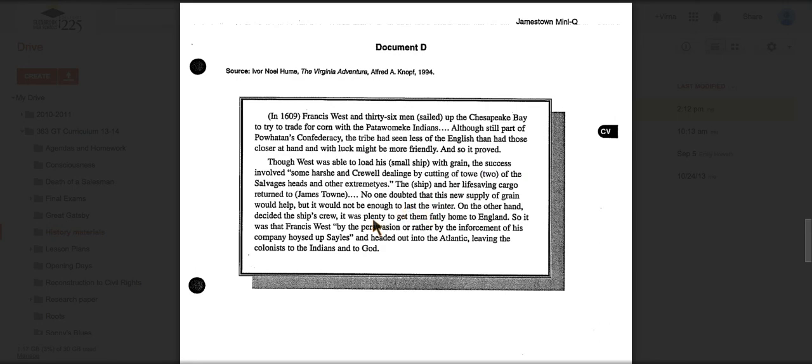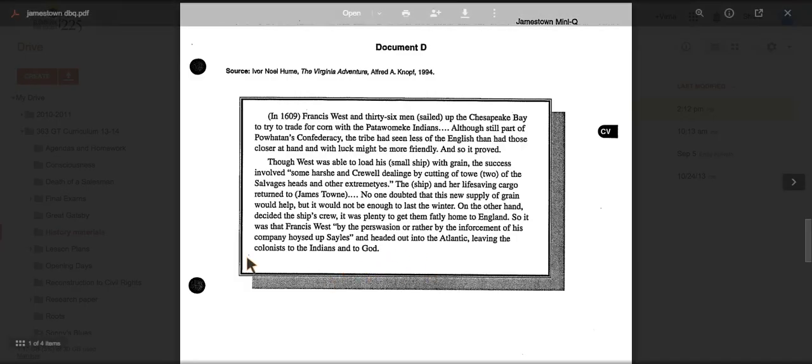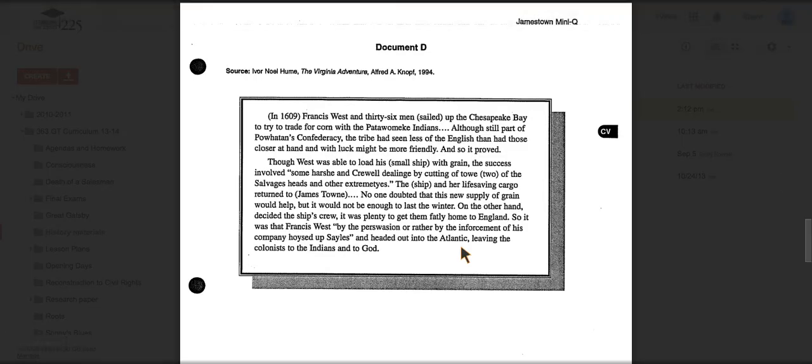The ship and her cargo returned to Jamestown, and at that point, you have West and his crew deciding that they're going to sail back to England with the grain that they had gotten from Powhatan, leaving the Indians and the colonists to God, heading out in the Atlantic. So you have a group of settlers that literally hoist up their sails and leave the colony with the grain they were given by the Native American chief.